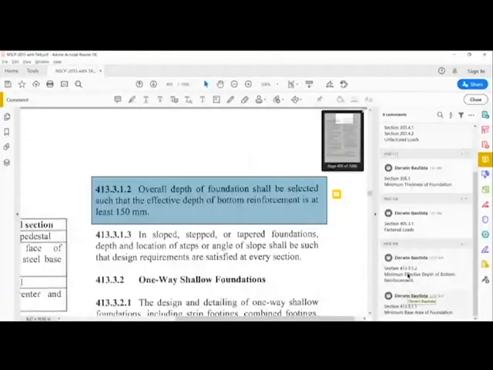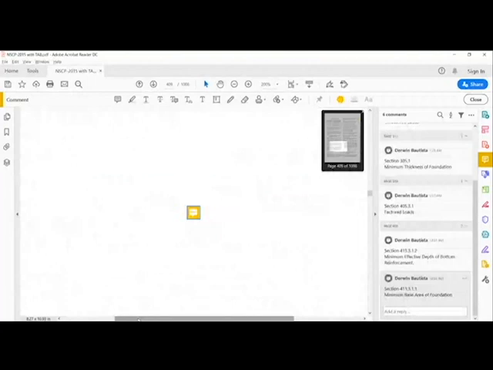Next thing that we need to do now: we already have a thickness. So therefore, we proceed with approximating the design of your footing. Let's go back to the NSCP. This is written in section 413.3.1.1.